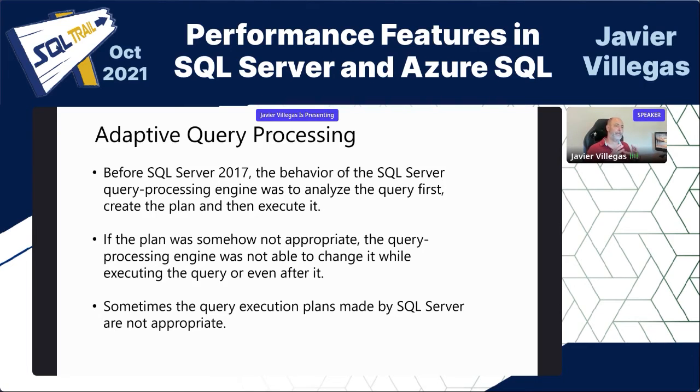Well, you know that when you run SQL Server code, it gets compiled, comes up with a plan and stores it in the cache, right? Before 2017, that plan was completely static, right? This means that the plan could have some problems, like, for example, the memory grants.